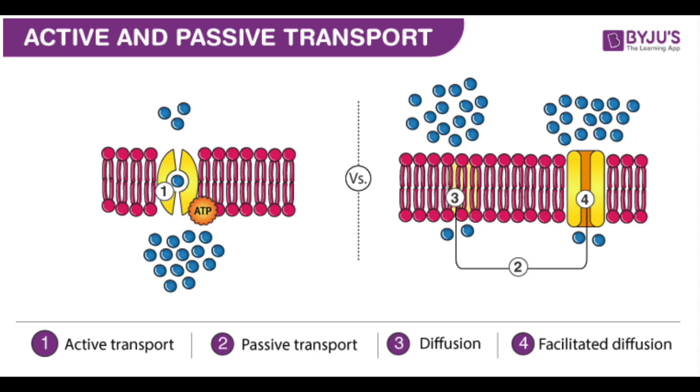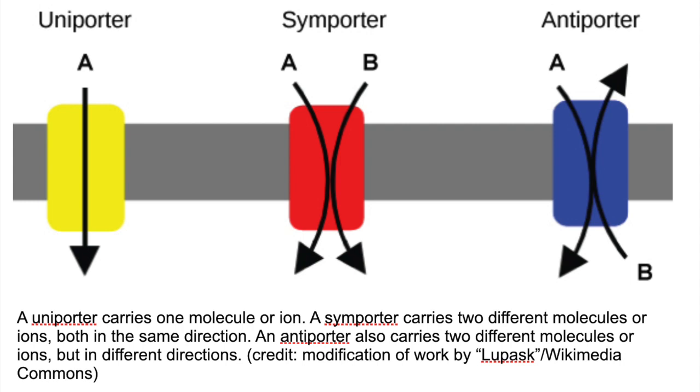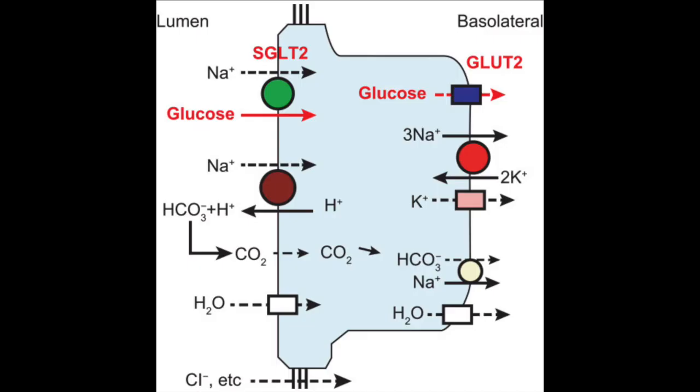These are done through 3 different transporters: a uniporter, symporter, and antiporter. A uniporter carries 1 molecule or ion, a symporter carries 2 different molecules or ions, both in the same direction, and an antiporter carries 2 different molecules or ions, but in different directions. The sodium-glucose pump is a prime example of secondary active transport.